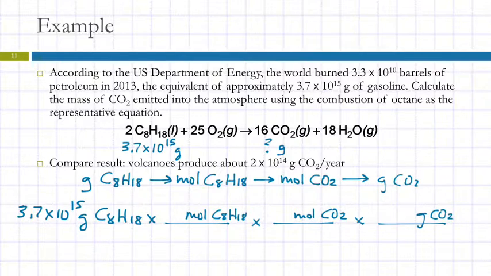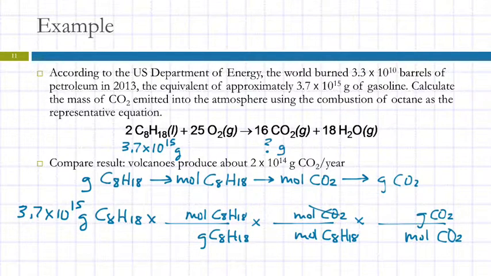So I wrote the path. Those units go in the numerator of my terms, and then I put the previous unit in the denominator: grams of C8H18, moles of C8H18, moles of CO2. Okay?